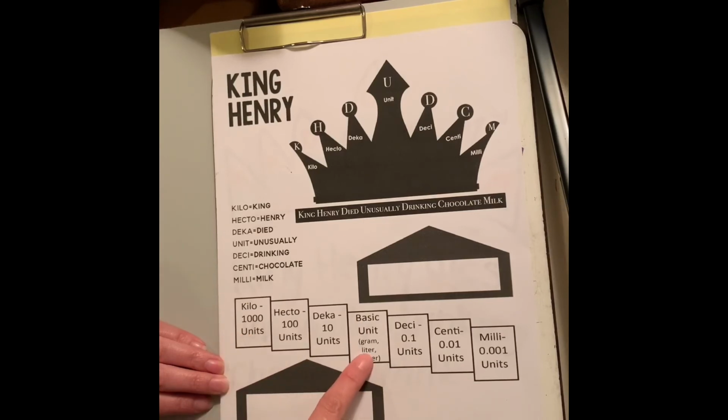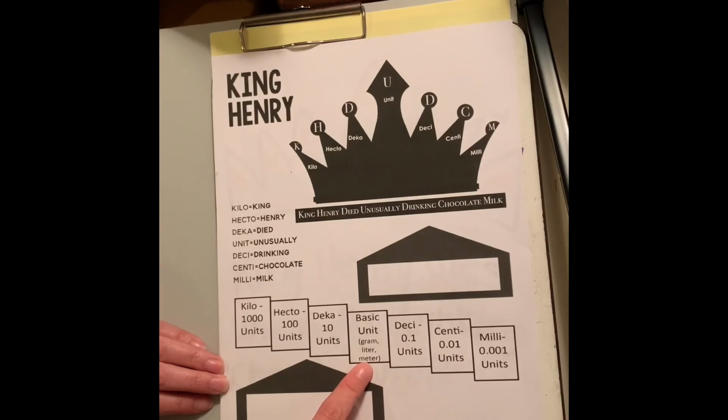Same with liters, down to deciliter, centiliter, milliliter. We talked a lot about this in science. And getting bigger, decaliter, hectoliter, and kiloliter. If we look at meter, which we use a lot when we're measuring distance, we have our basic unit of a meter.